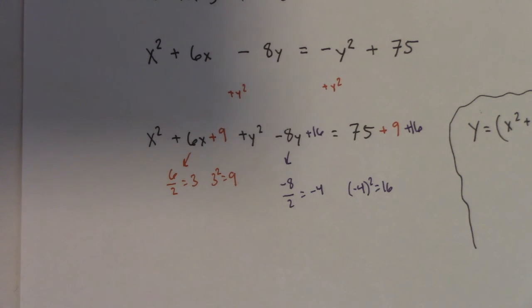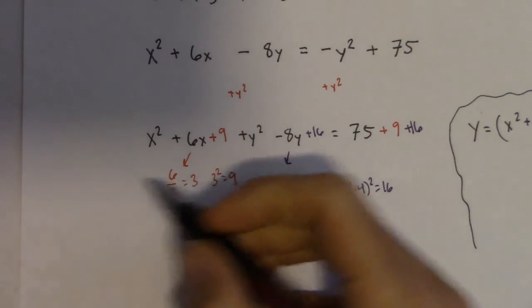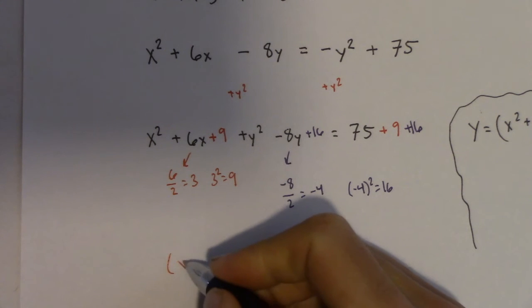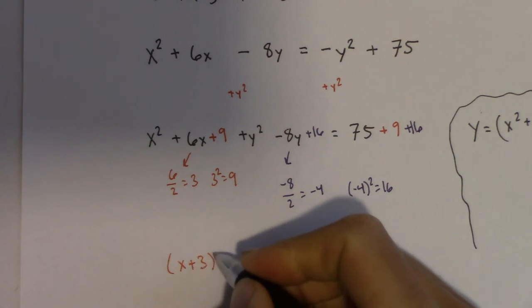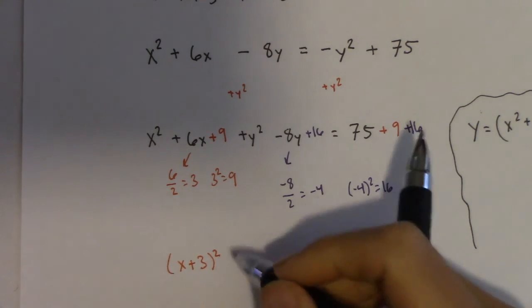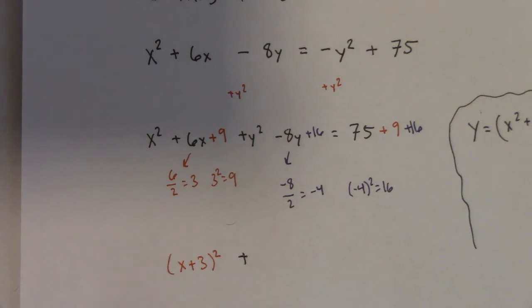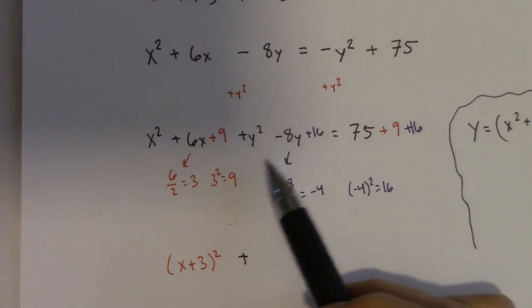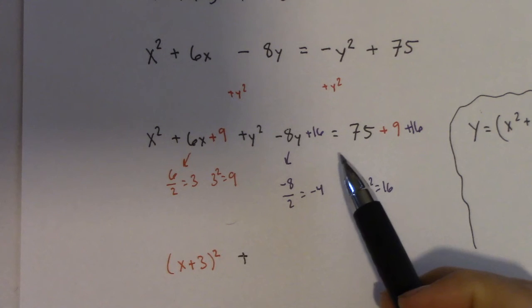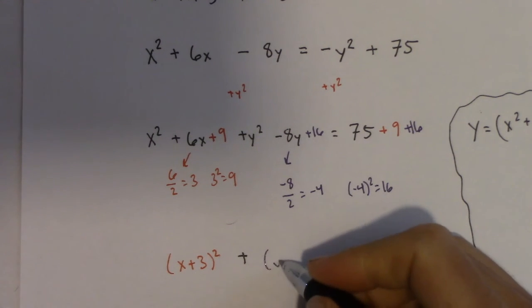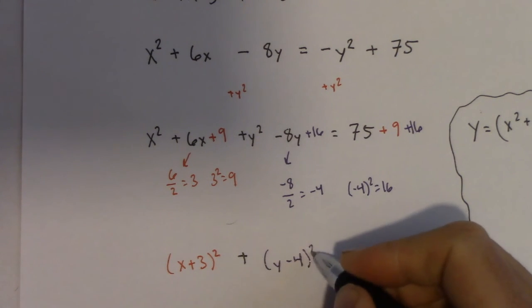Okay, so here's what I'm going to do. x squared plus 6x plus 9 factors into (x plus 3) squared. y squared minus 8y plus 16 factors into (y minus 4) squared.